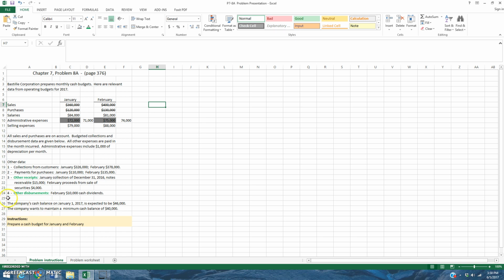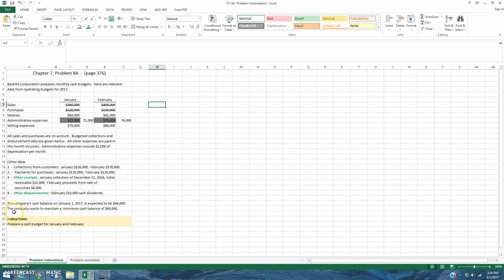Just like in item 4 here, we have keywords of other disbursements, and they're also highlighted. So rather than adding to cash receipts, we're going to add them to disbursements. And so it's just keywords. We're going to reduce the amount of cash we have because we paid cash dividends of $1,000 in February. So now we understand all that.